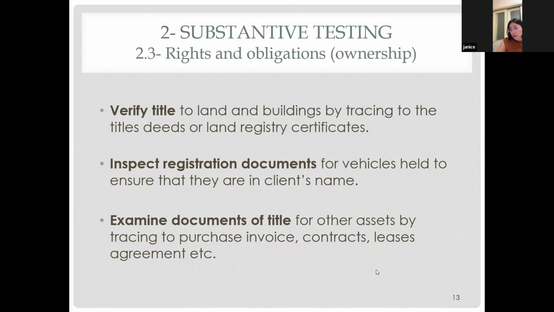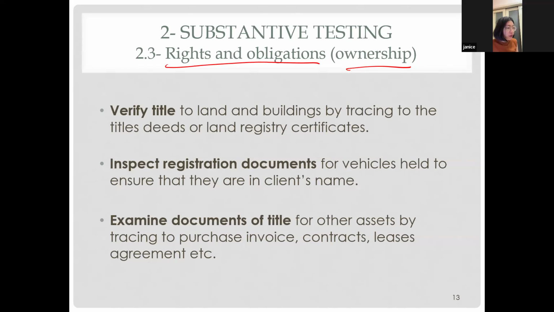Now, after we learn about completeness and occurrence, let's look at the rights and obligations, right? The ownership, as I mentioned. For the land or building that belongs to us, what is the document that we use to verify that?